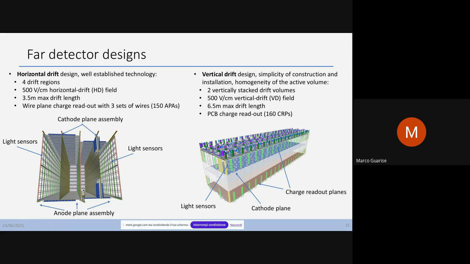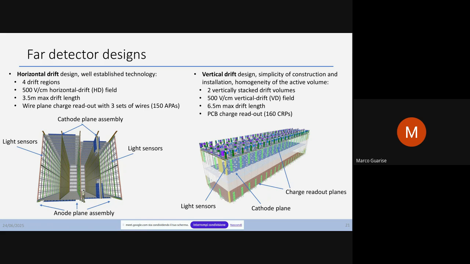In total, we have 4 drift regions, so 2 cathode planes here and 3 anodes, which are instrumented with 3 planes of wires, as in the image of the previous slide. And the maximum drift here is 3.5 meters with an electric field of 500 volts per centimeter.